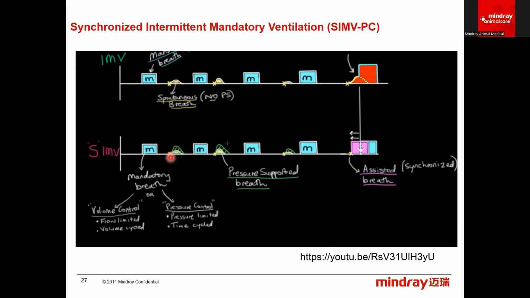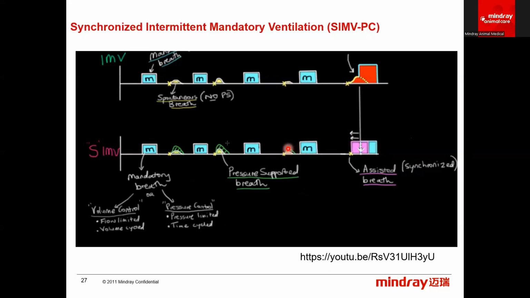because in between these mandatory breaths, if the patient takes a breath, we're going to support it. We're going to make sure that these are nice breaths. And if my patient were to take their own breath right when the machine was about to give one, it goes, you know what? I want to help you. I'm going to give you this nice, big, better breath so that it has the same airway pressure and the same tidal volume as the one that I was going to give you.